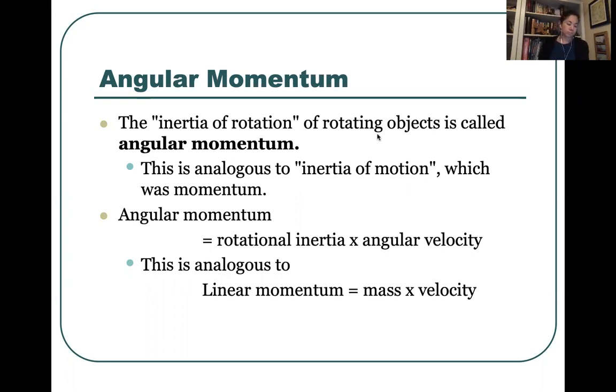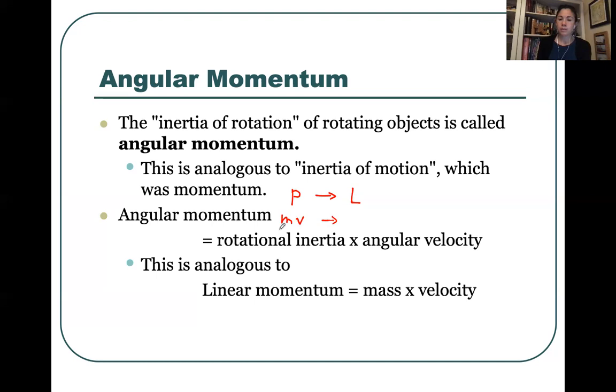Okay, so the same way we've been drawing all these analogies, we had the linear momentum p, and now we're going to have this angular momentum. As it turns out, it has a capital L. That's going to be the symbol for this one. If we go back to how p was defined, we used the mass times v.